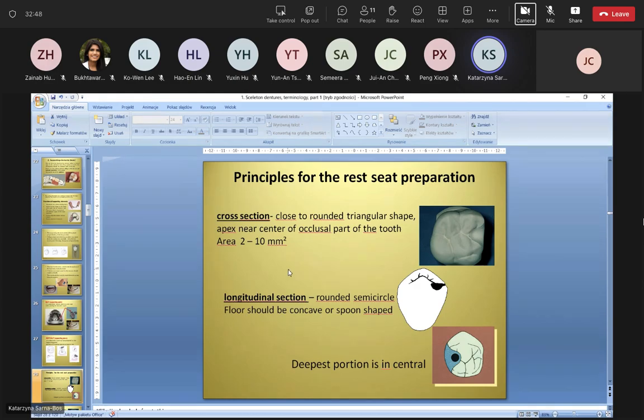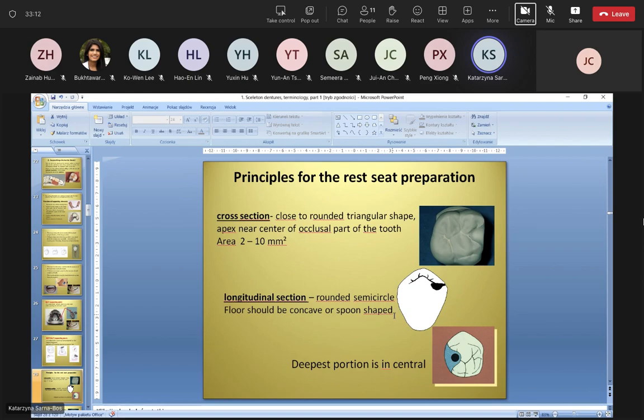This is a close to rounded triangular shape. Apex is placed near the center of the occlusal part of the tooth, and the base is placed here. The area of the rest seat should be 2 to 10 square millimeters. So remember the rounded triangular shape.